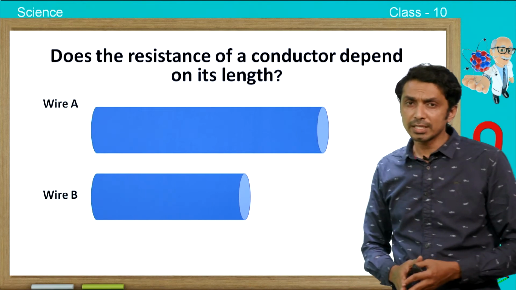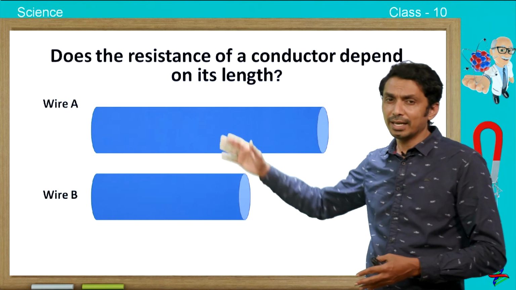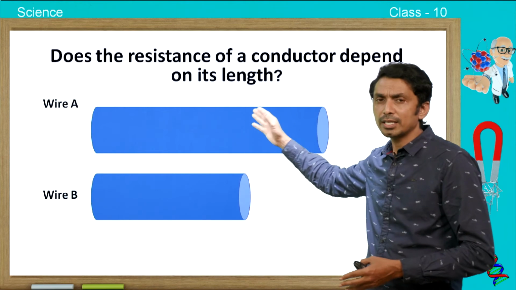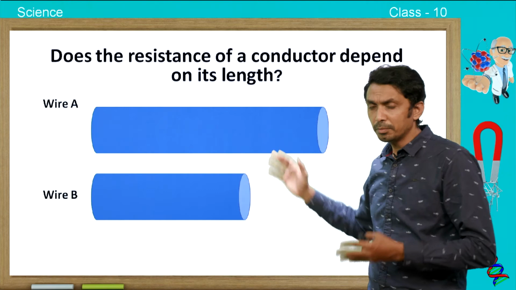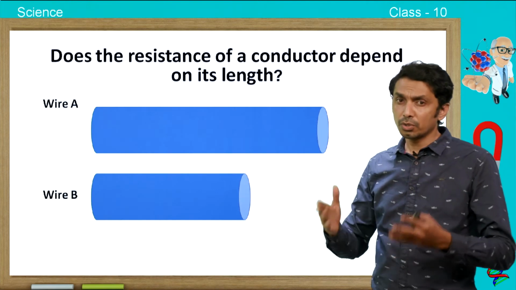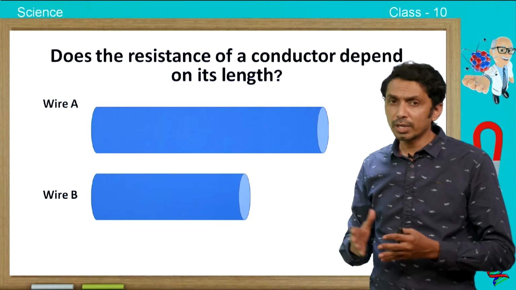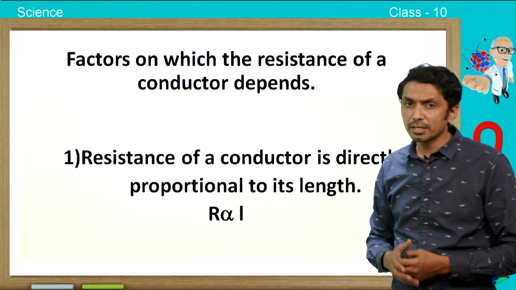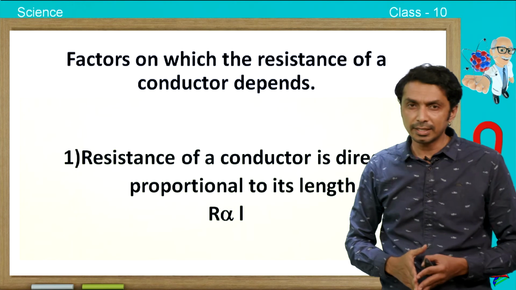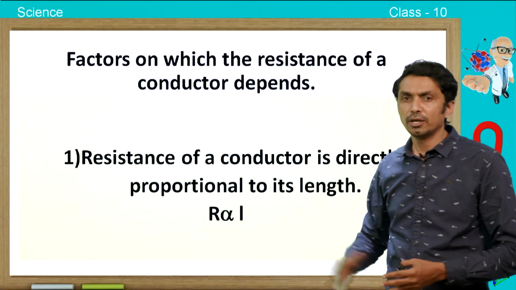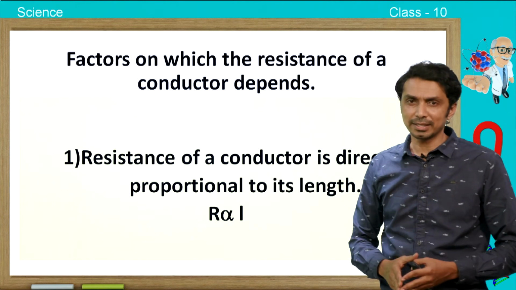So what can we say? We can say that if a wire is of longer length, then the charges need to flow more distance, so they will have more resistance. That means the resistance of any conductor is directly proportional to the length of the conductor.